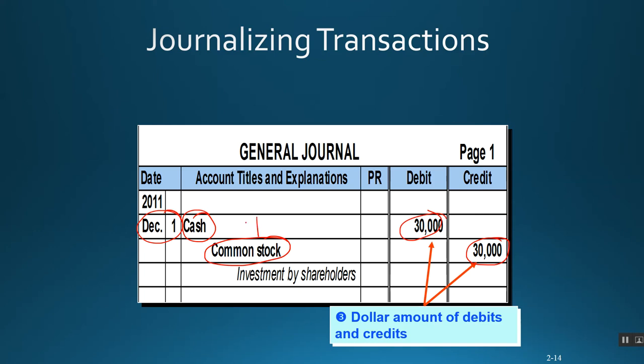So cash, according to the T account, increases on the debit side. So that's why it's debited. Common stock is also increasing, but because it's on the right-hand side of the equal sign, it increases on the right-hand side of common stock, which is credit. And so thus we have the proper recording of this transaction for December the 1st.